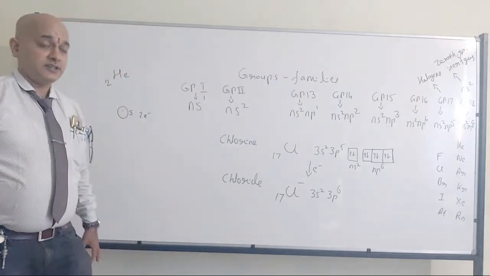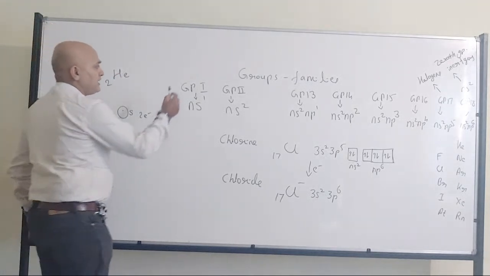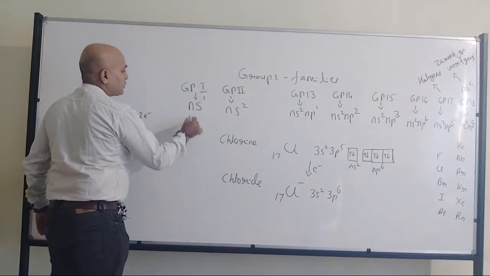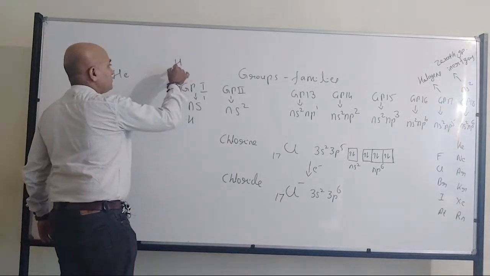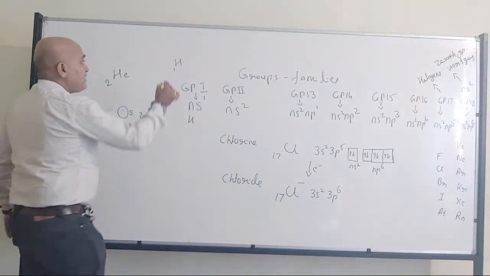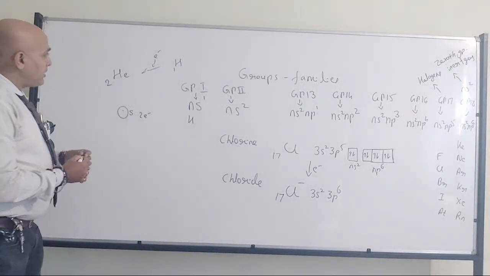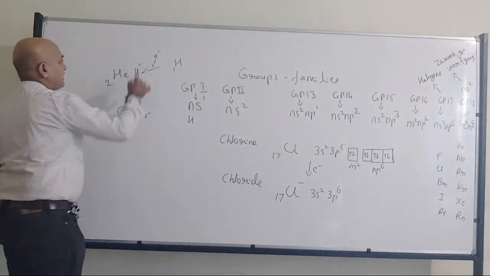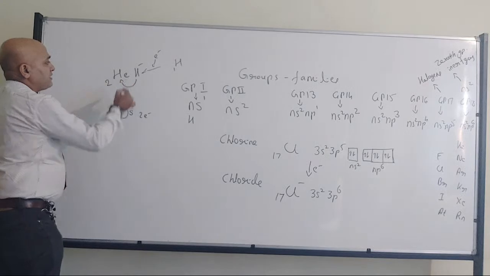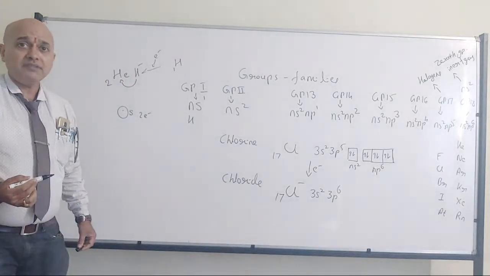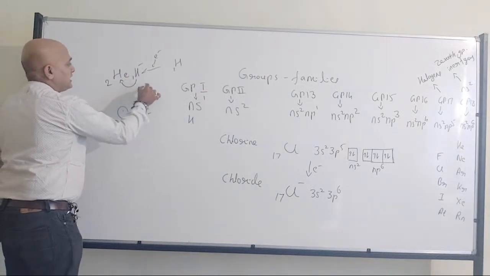Now the same logic is applicable to hydrogen. In many cases hydrogen is shown in group 1. But hydrogen, whose atomic number is 1, if it takes up one electron, becomes hydride, which has the electronic configuration of helium, that is 1s2.